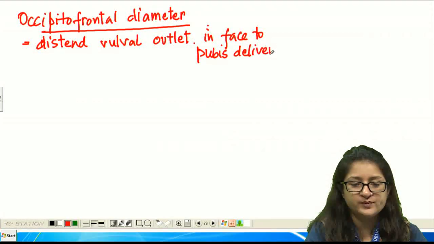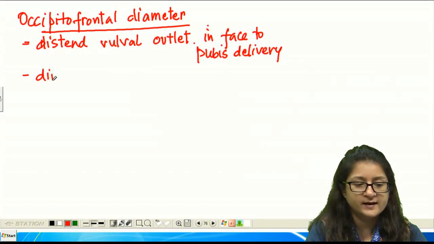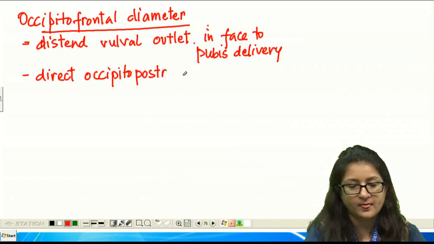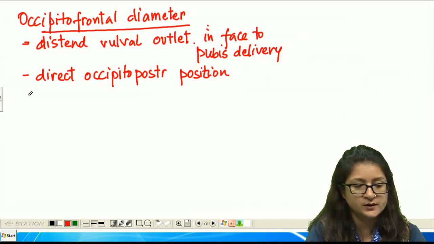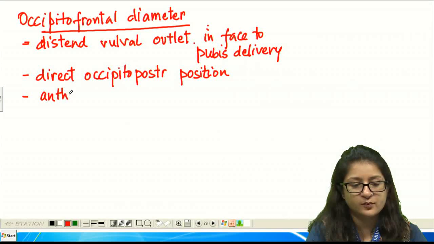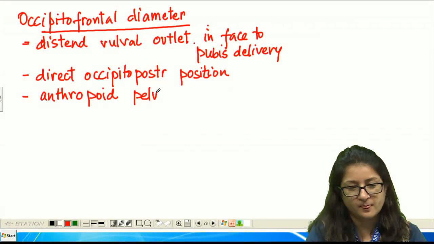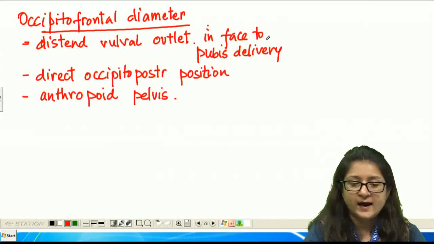And this face to pubis delivery happens in the direct occipito-posterior position. And this direct occipito-posterior position is seen in an anthropoid pelvis. And this diameter is 11.5 centimeters.